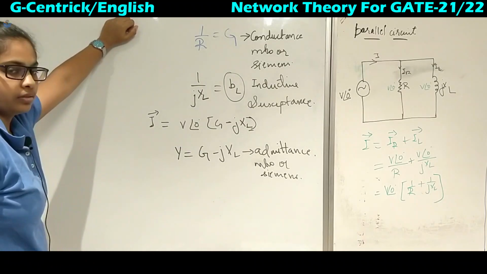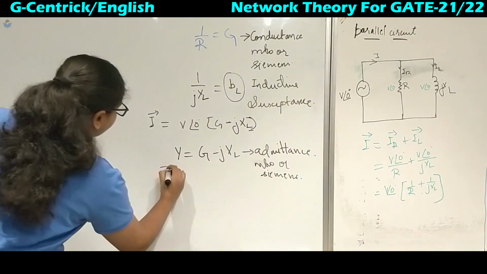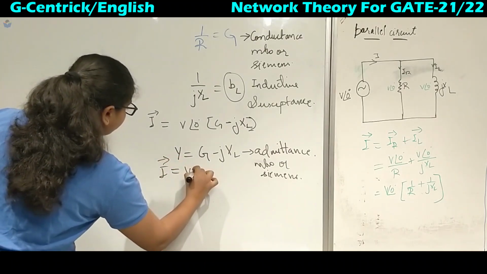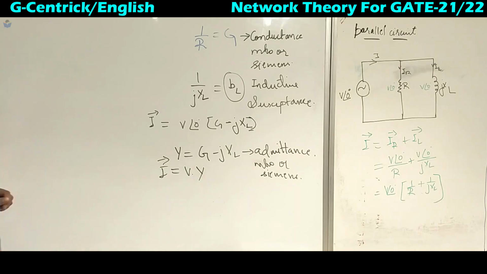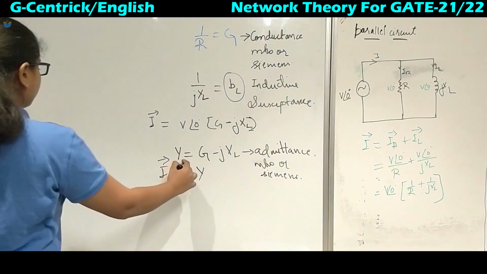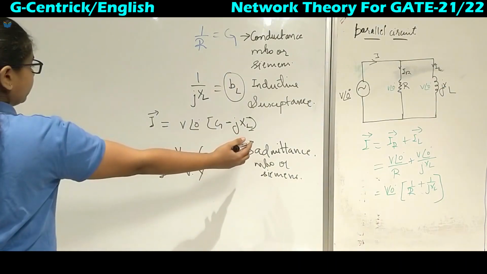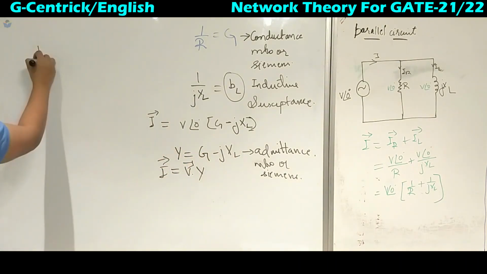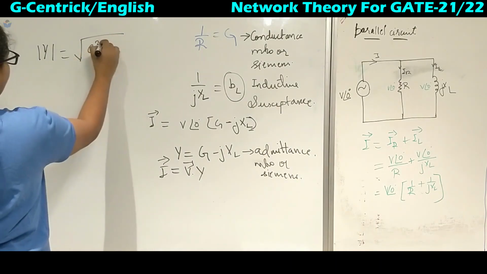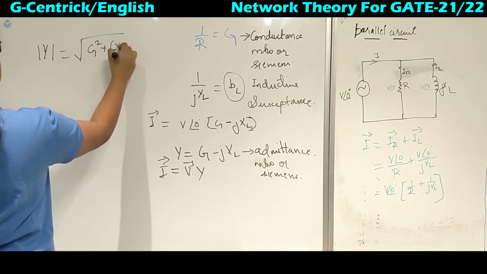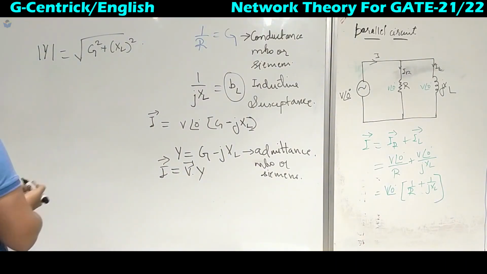Now to calculate the magnitude: I is equal to V angle 0, we will not write V angle 0, so this is V into Y. These are vector products. The magnitude of the admittance is the square root of G square plus BL square; whether it's minus or plus there will be no difference.